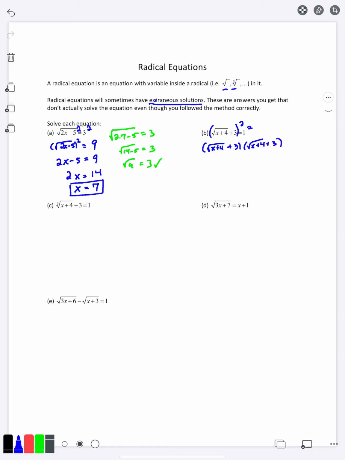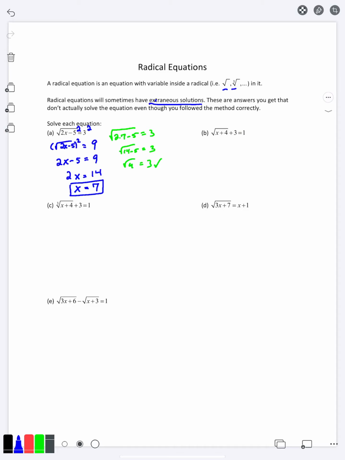It doesn't just kill the square root easily. When you do the first, you're going to get the x plus 4. The outer is 3 square root of x plus 4, and the inner is another 3 square root of x plus 4. And the last is 9. The really important thing here is we squared it, and it didn't get rid of the square root. We still have the same square root we started with. That's why this is not what you want to do here.